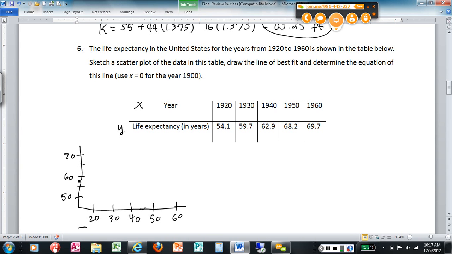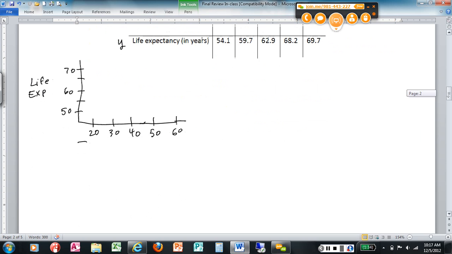Something like that. So this is my life expectancy in years, and this is my year, where 0 goes to 1900. Be sure to label. We'll be checking for labels.